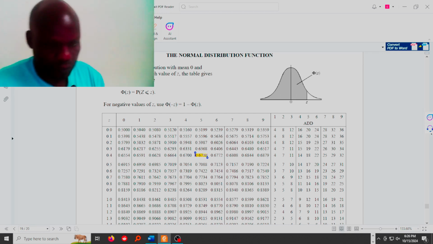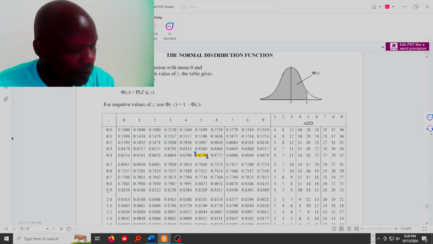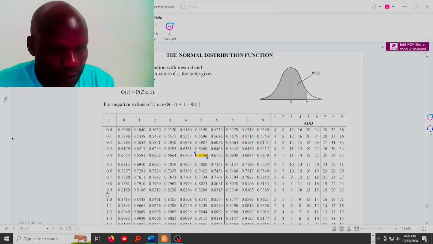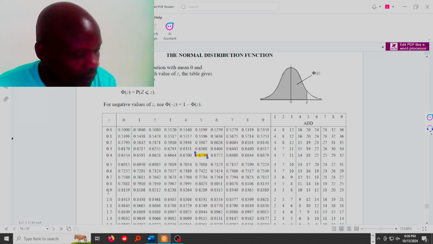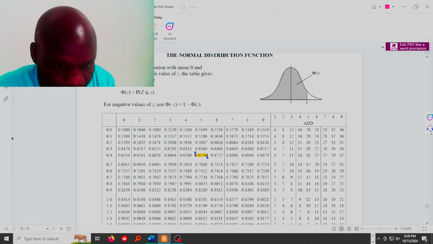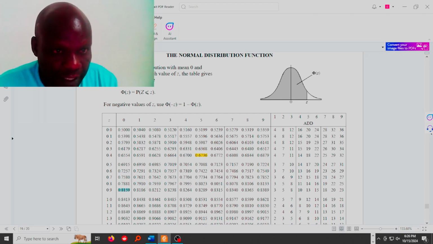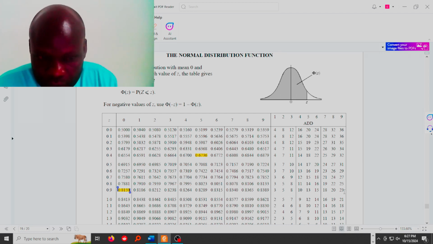Then if we check the Z of 0.9, the corresponding probability reading should be, so if we have 0.91, let me call it 0.9091. So we are here, 90, we are here. That gives me 0.8159. But then 0.90923.